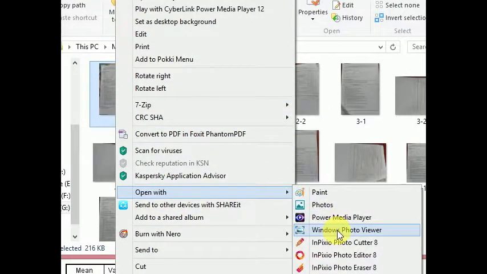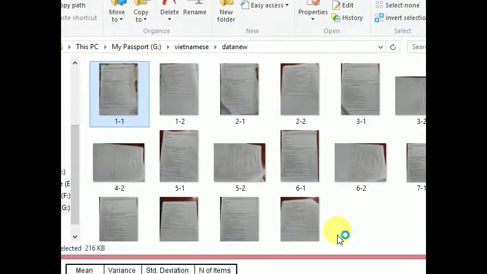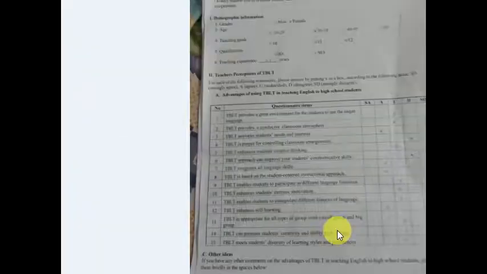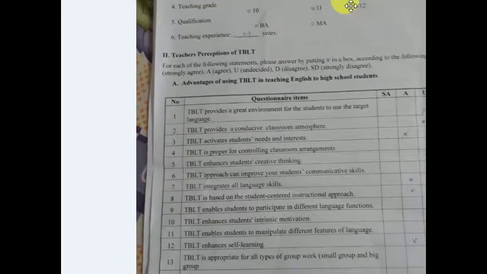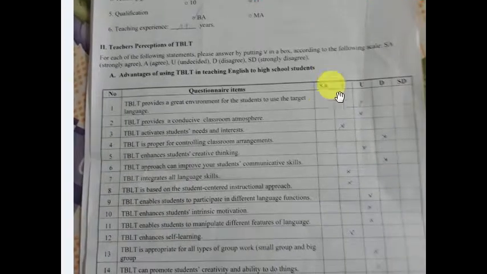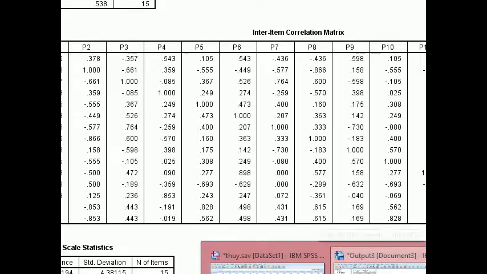So items 1 and 3, according to that, are not related, so you have to look at that. TBLT provides a great environment. TBLT activates students. According to your responses, 1 and 3 are not correlated. One of the concerns, not a problem, is that you only have 9 respondents, so maybe that's the reason.